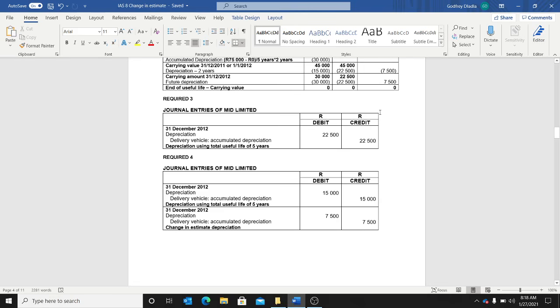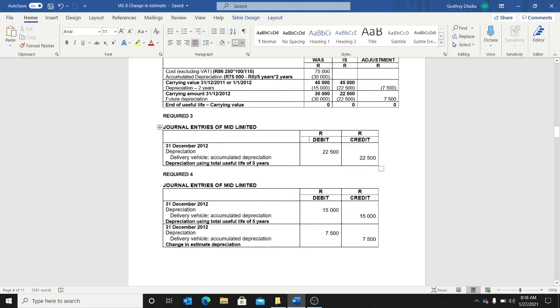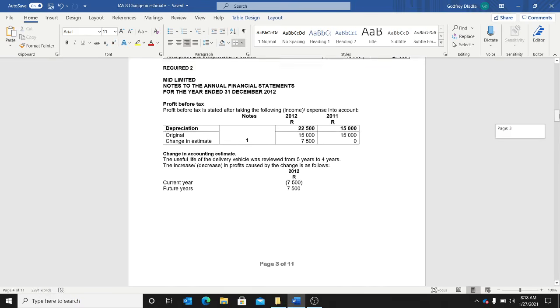So if our journal entries have not yet been processed at all, remember we want to put a depreciation of 22.5. So we debit depreciation, credit accumulated depreciation in relation to this asset. Here it is, it's 22.5, the one that we want to put, if the entry has not yet been recorded.